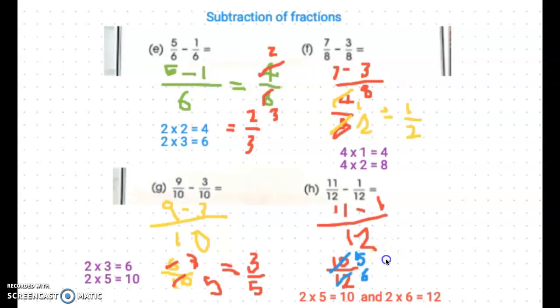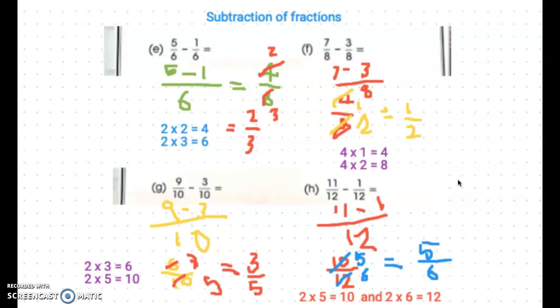So my simplified fraction after subtraction is 5 over 6. That's all for now. Thank you very much.